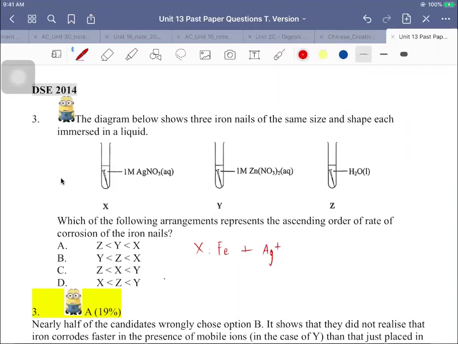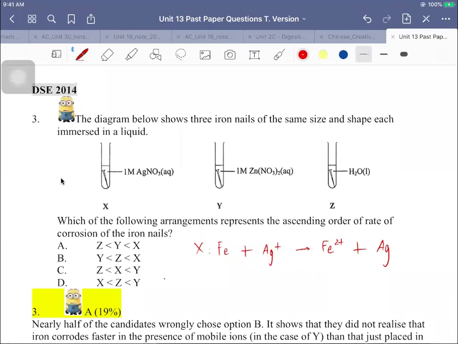Okay, so we have learned if we put a more reactive metal into a solution that contains less reactive metal ion, a displacement reaction is going to take place, right? So for this one, it's going to turn into iron 2 plus and silver metal. The silver metal is going to deposit on the nail surface.